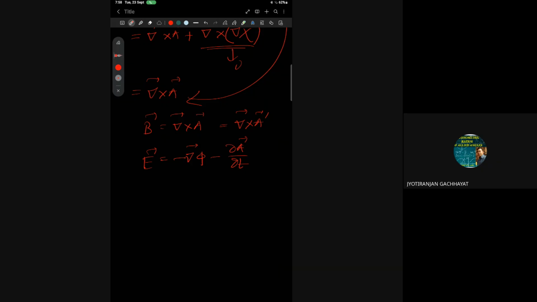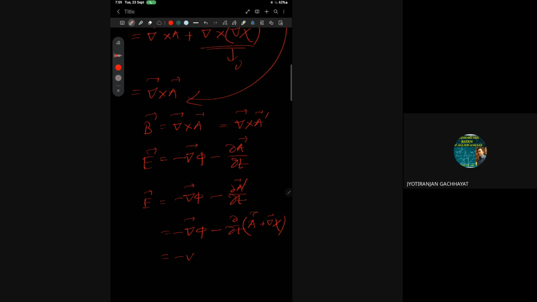The electric field with A prime: E is equal to minus del phi minus del A prime by del T. A prime is A plus del chi, so minus del phi minus del by del T of A vector plus del chi.